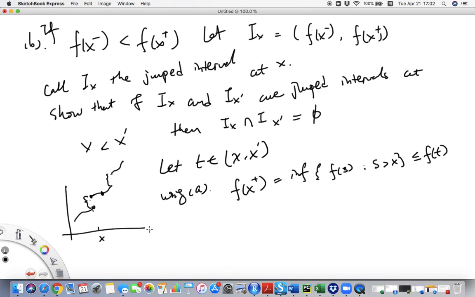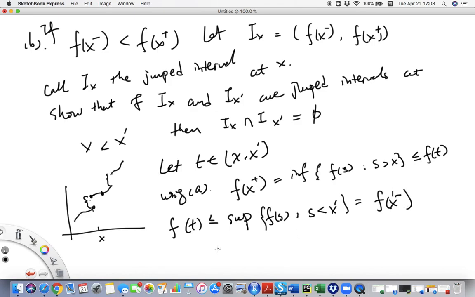Similarly, f of t is less than or equal to the supremum of f of s with s less than x prime, which is f of x prime minus.